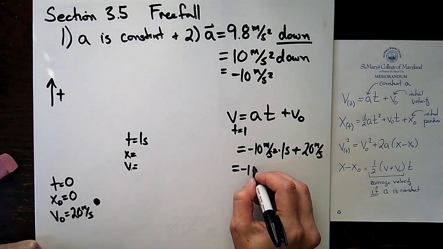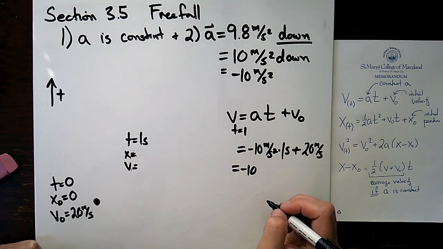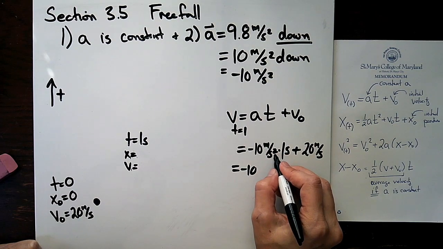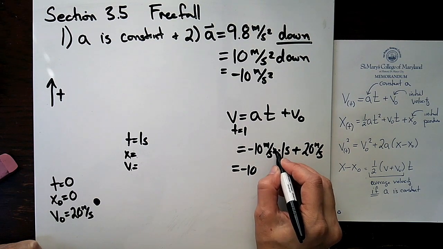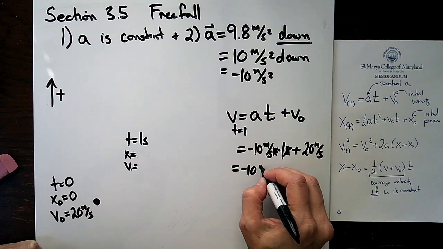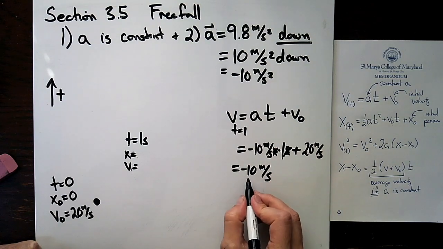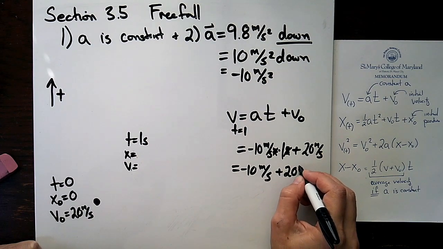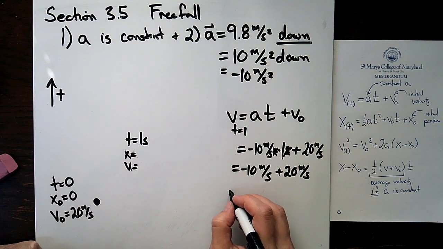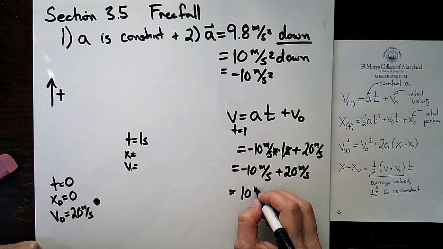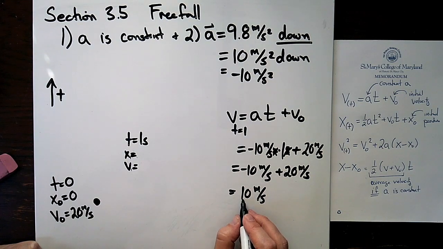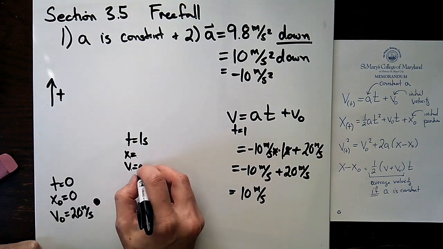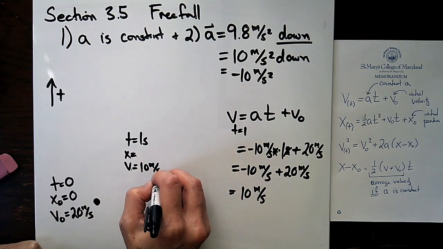Well, negative 10 times 1 is negative 10. And then meters over second squared times seconds, one of those seconds will cancel, and we'll get meters per second, which is good, because we're looking for a velocity. And we'll add on our initial velocity, 20 meters per second. And we'll get 10 meters per second. It's positive, so that means it's going up 10 meters per second.